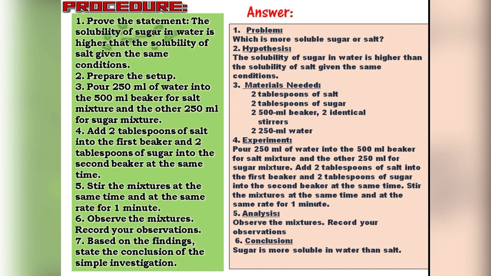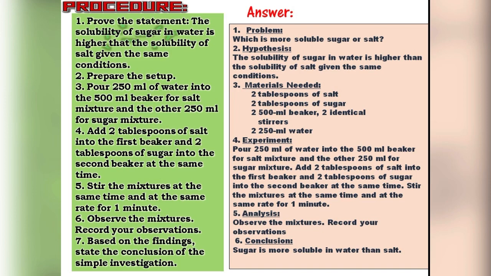Now, number 3, ang mga materials na ginamit natin, 2 tablespoons of salt, 2 tablespoons of sugar, 500 ml beaker, 2 identical stirrers, and dalawang 250 ml of water. So, sa number 4, the experiment part, dito nyo po ilalagay yung procedure, yung step by step.